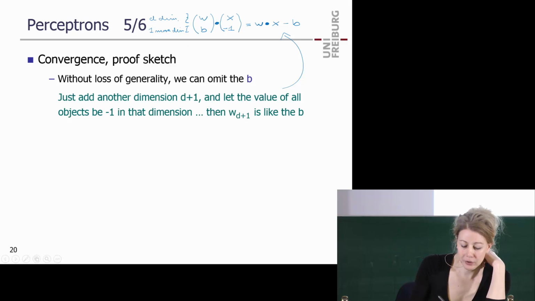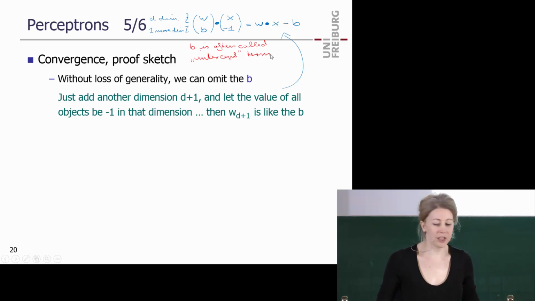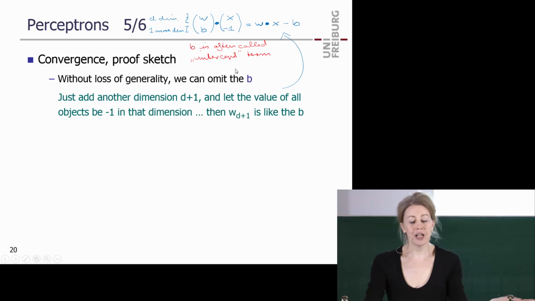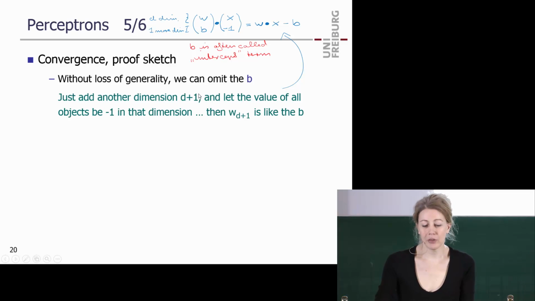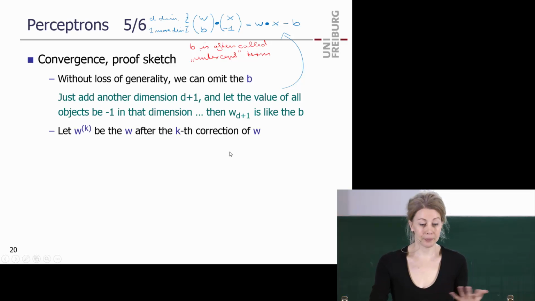B is called the intercept term. Maybe let's just write this. B is often called the intercept term in the context of learning. That's not important. Just if you hear intercept when you read something about deep learning or whatever. So actually I can omit the B, just transform the thing one dimension higher.